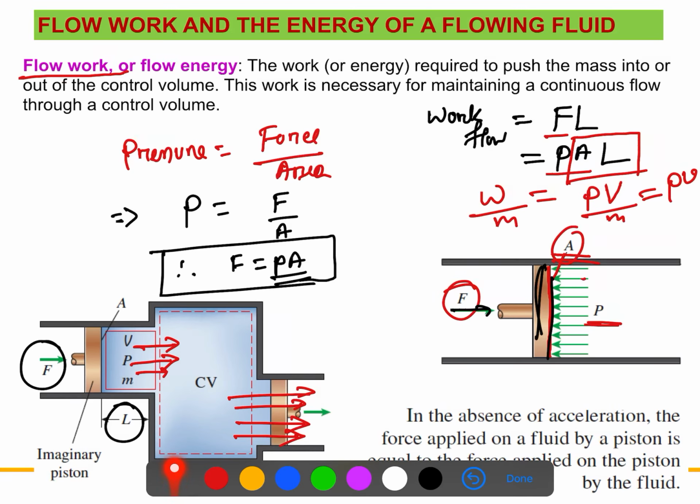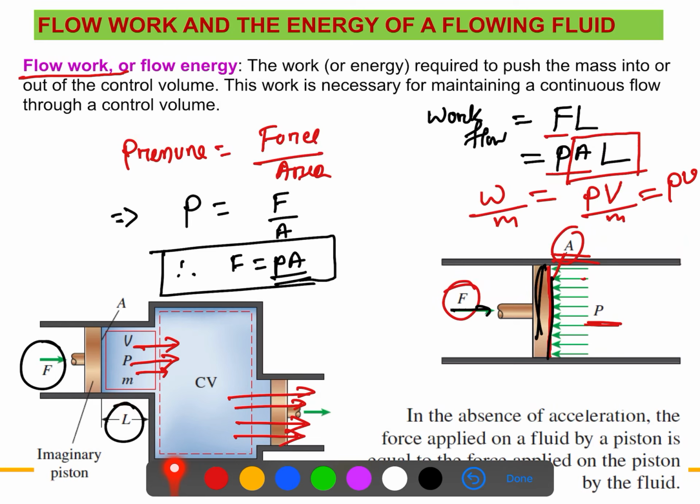If I quickly review it, you can see we used the formula here to get the force. Force equals pressure times area, and if we want to move or enter this very small fluid element entirely into this control volume, the force must act through this distance.